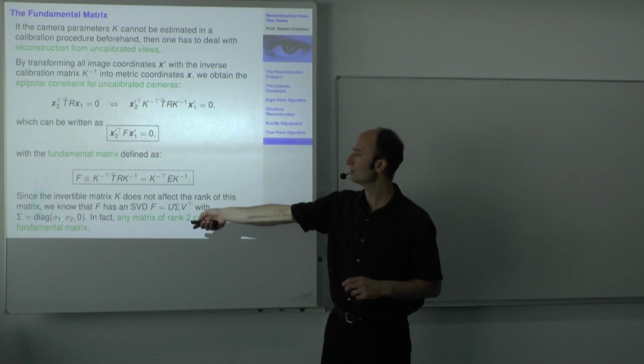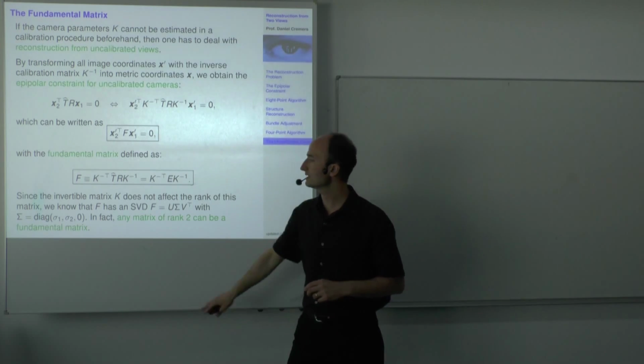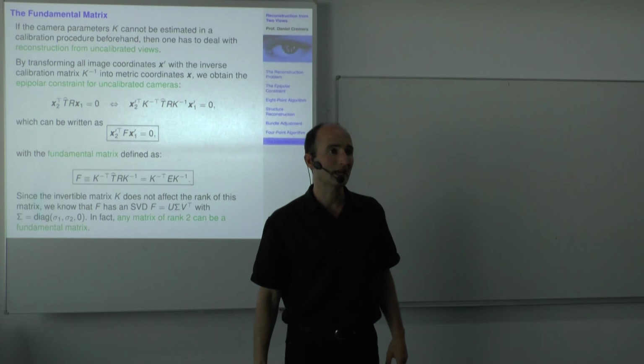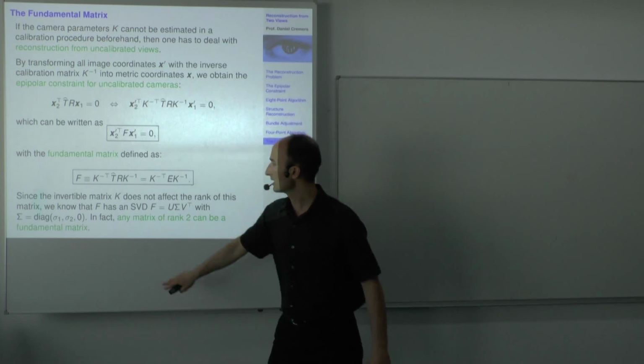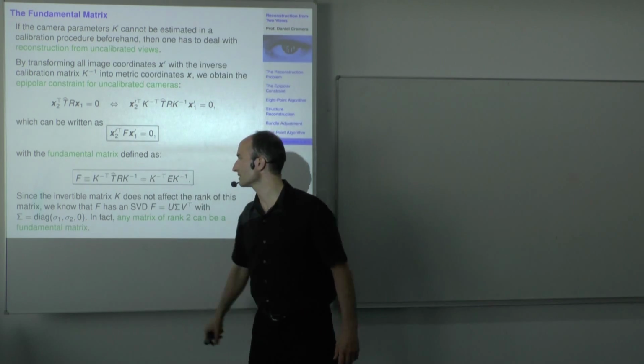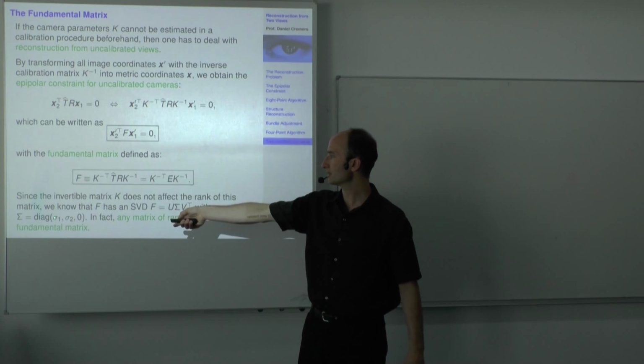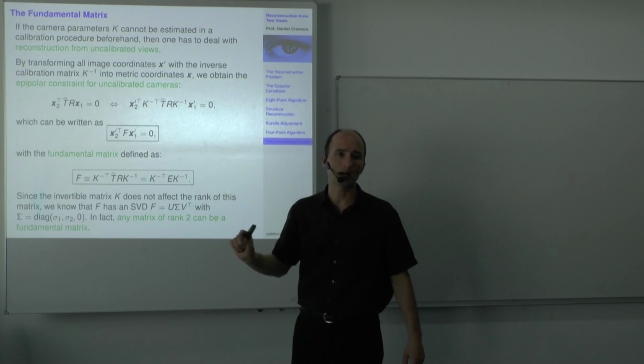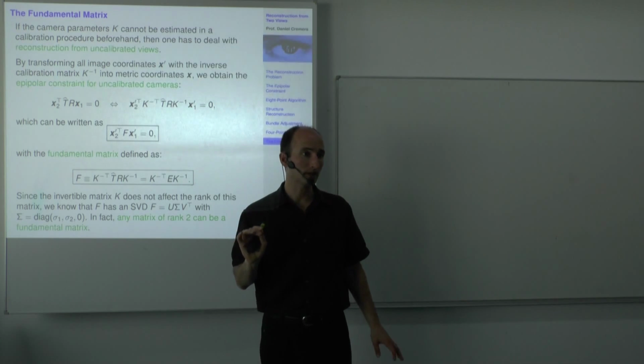So it has two non-zero singular values. Unfortunately, though, in the general fundamental matrix these will not be the same. So we have a singular value decomposition with the diagonal matrix sigma 1, sigma 2, and 0, but we cannot say that the larger two are equal. They can be different.